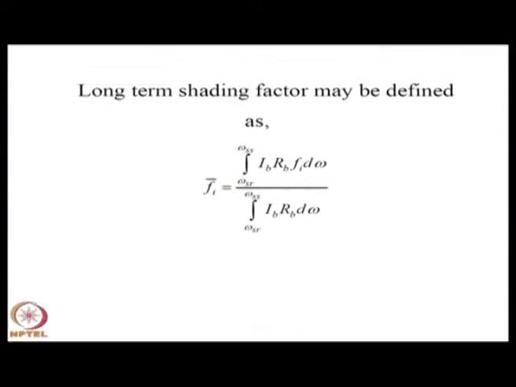So, this is the equation I have already written for Fi bar. Both the numerator and the denominator will be from apparent sunrise to apparent sunset angles relevant to the particular window under consideration.